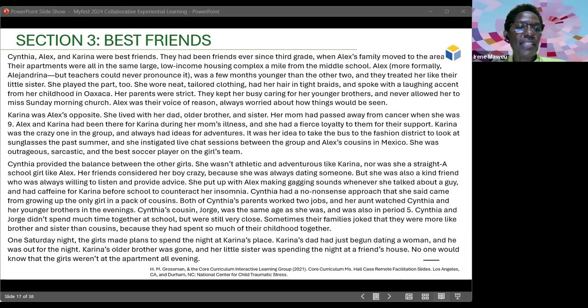She played the part too. She wore neat tailored clothing, had her hair in tight braids, and spoke with a laughing accent from her childhood in Oaxaca. Her parents were strict. They kept her busy caring for her younger brothers and never allowed her to miss Sunday morning church. Alex was their voice of reason, always worried about how things would be seen.